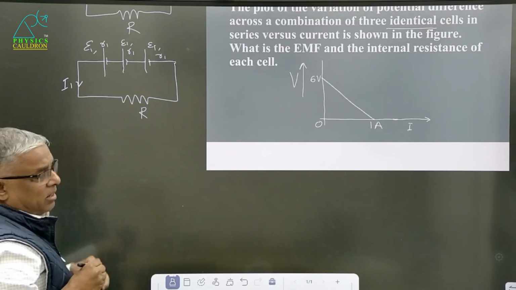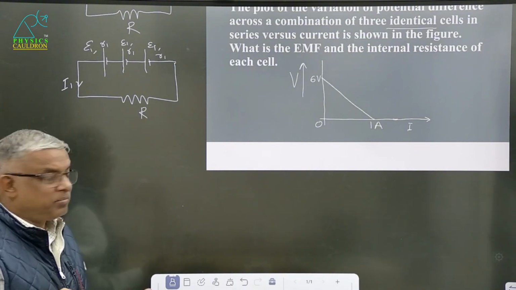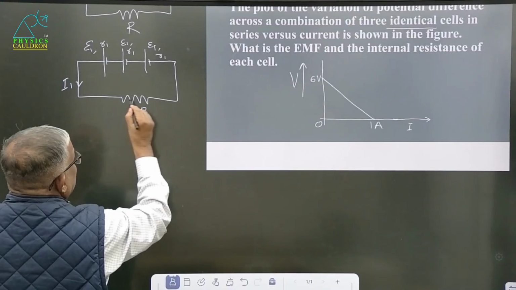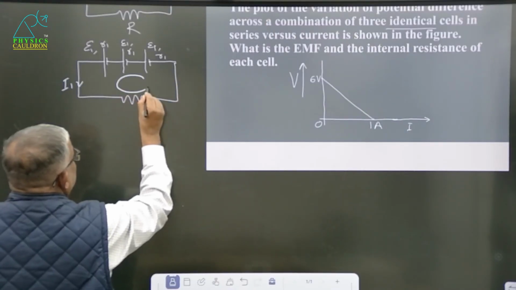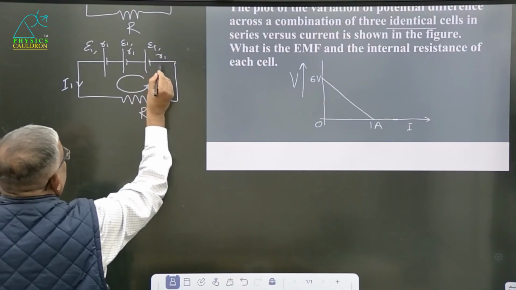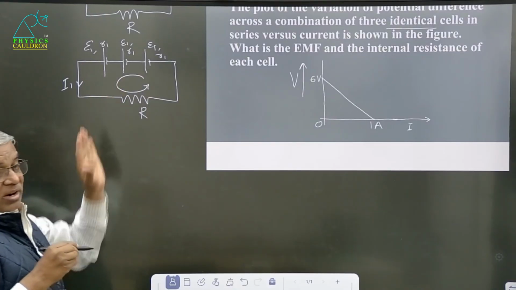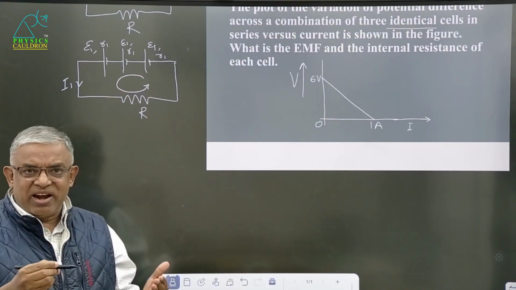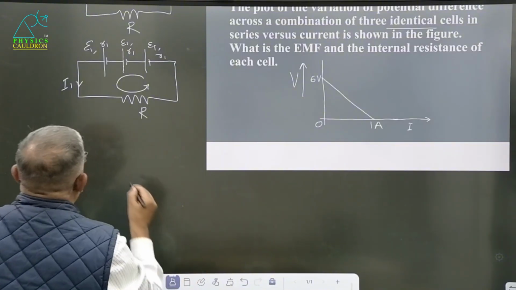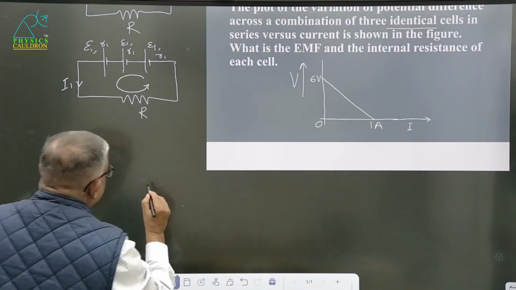So what will Kirchhoff's law give us? Now I start from here and complete the loop. Starting from here, I find the current is flowing in this direction. As I told you, whenever there is a cell and the internal resistance, let us present them separately. It means the cells will be presented like this.